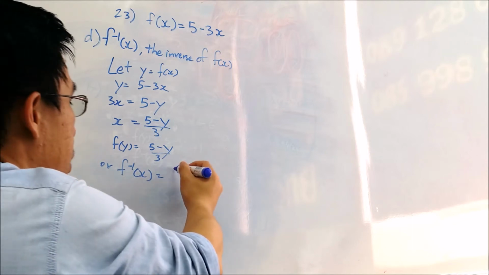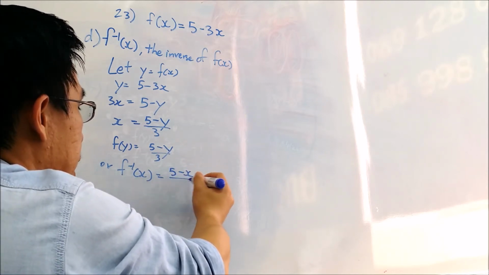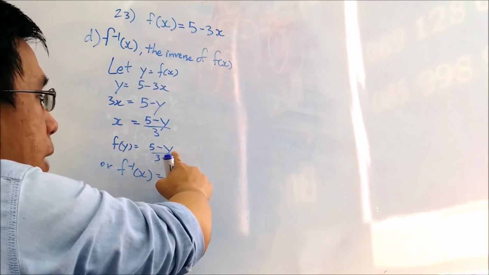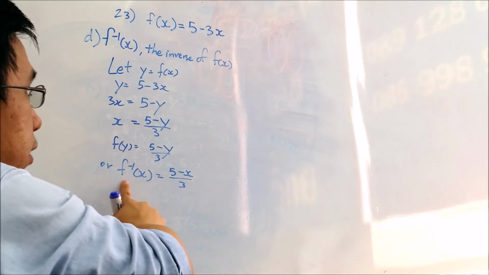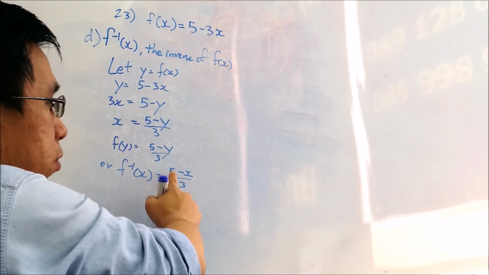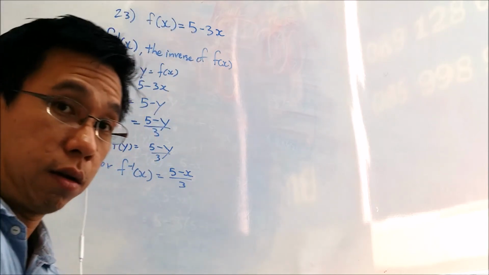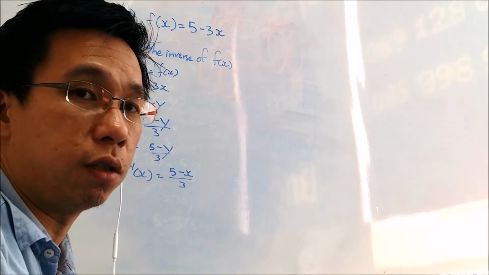This is called the inverse of f, but now we have to change y to become x again. Just switch the symbols, the variable y becomes x. So this will be your answer: the inverse function f inverse of x equals 5 minus x, whole thing divided by 3. A very standardized method to solve this inverse function.